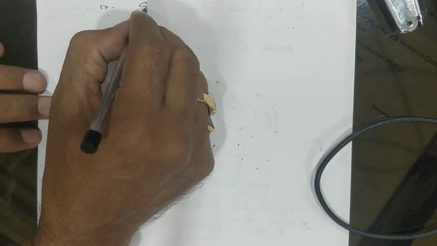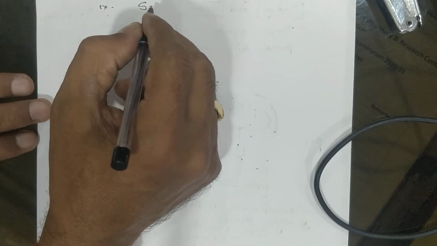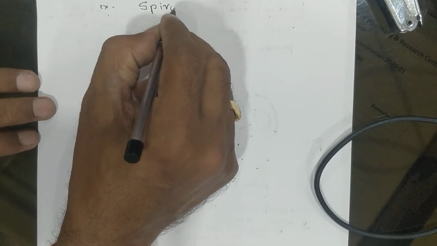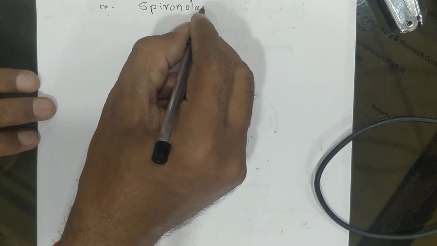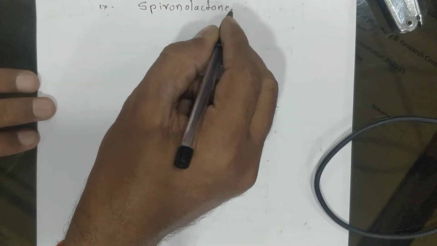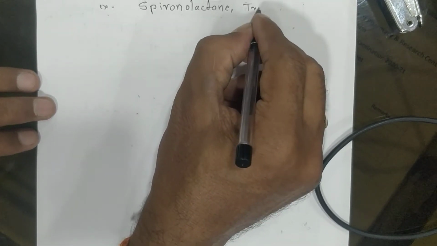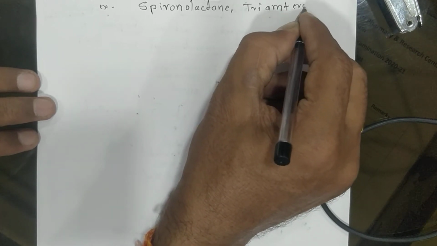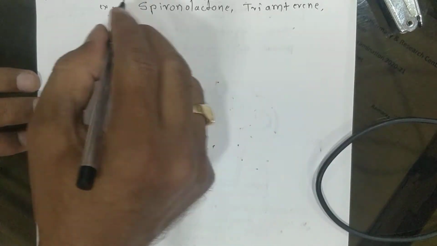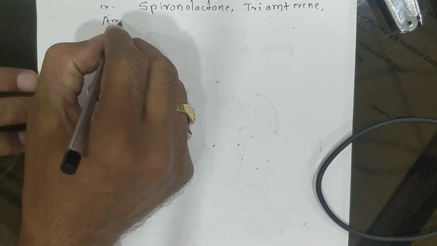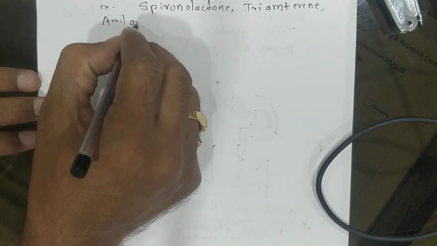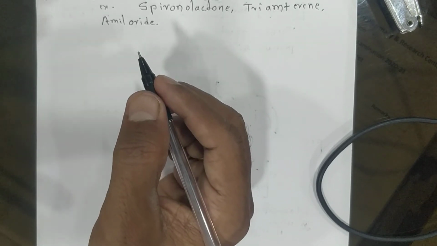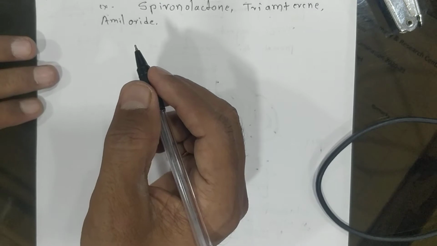Examples: spironolactone, triamterene, amiloride. So these are the classifications of the diuretics.